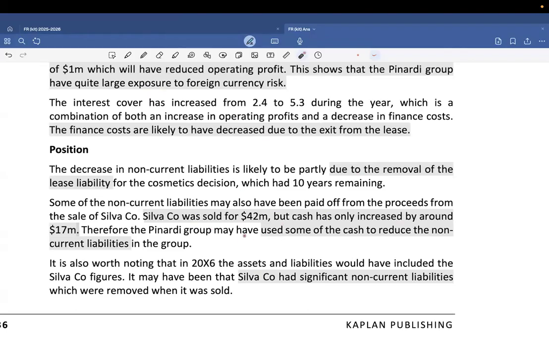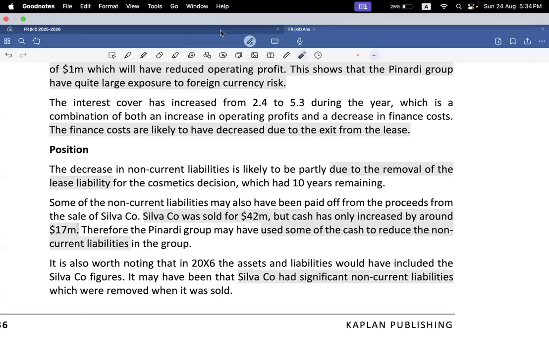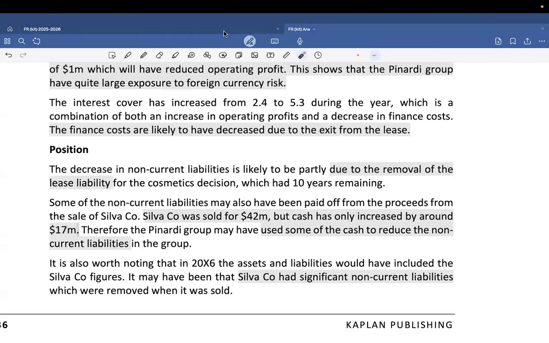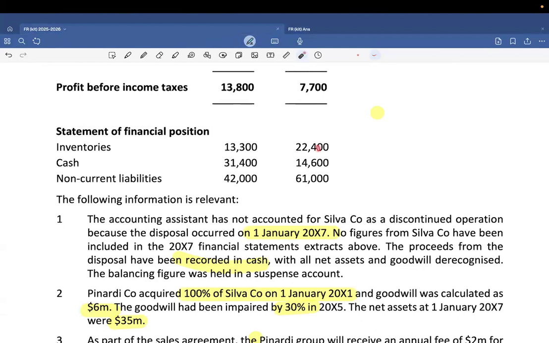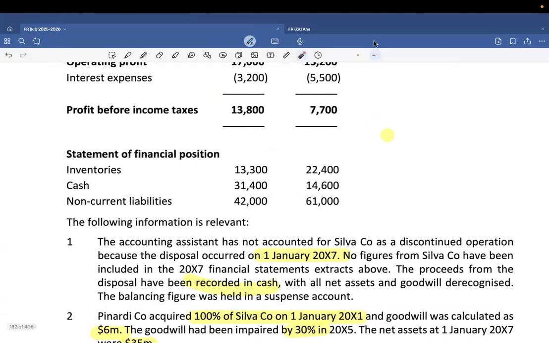Now, Silva company was sold for 42 million. But the major thing to note is that the cash has increased proportionately less. It was sold for 42 million, but has the cash increased by 42 million?